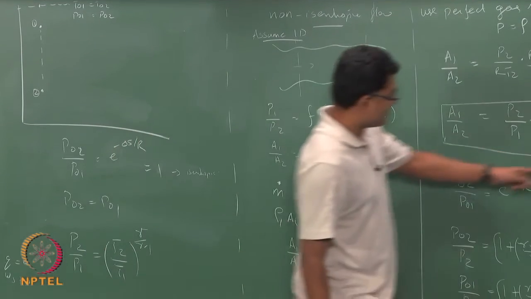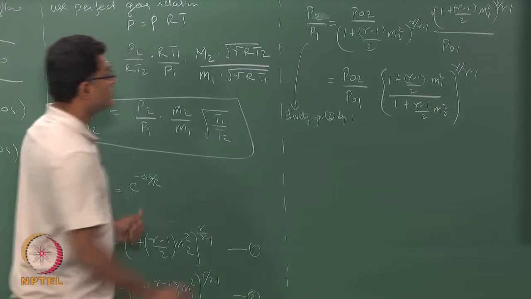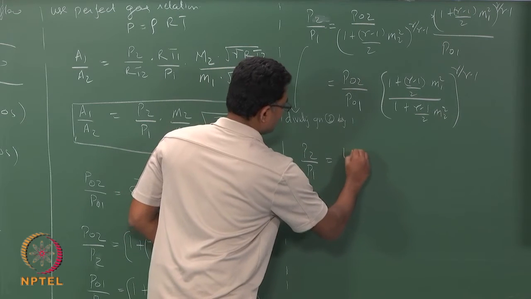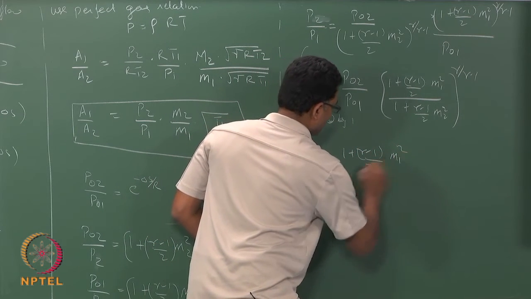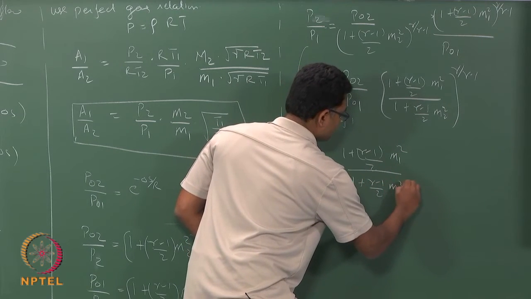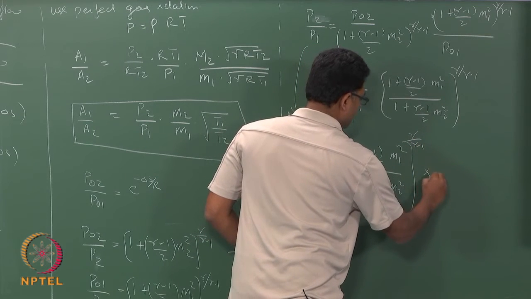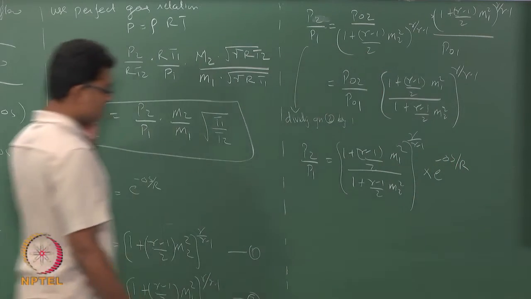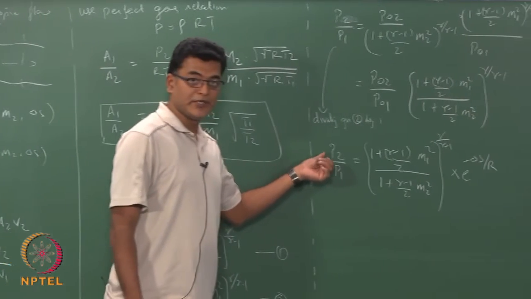Now, I replace P02 by P01 with this relation. So, my P2 by P1 is 1 plus gamma minus 1 by 2 M1 square divided by 1 plus gamma minus 1 by 2 M2 square to the power gamma by gamma minus 1, into e power minus delta s by R. So, this is the pressure ratio P2 by P1.